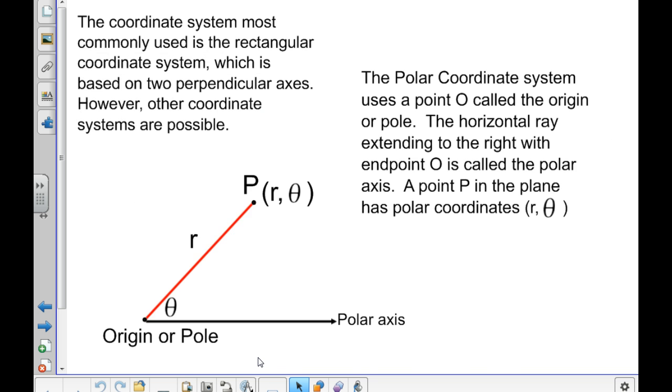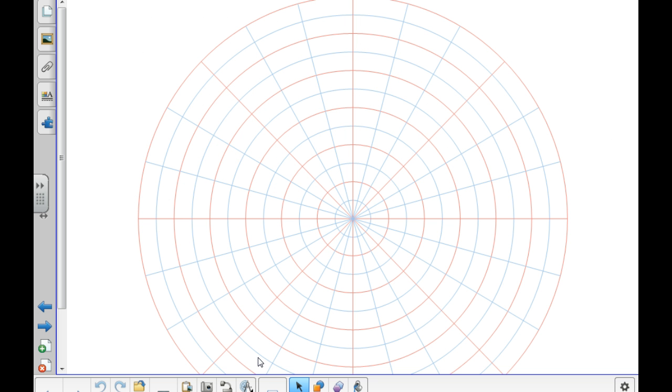Has anybody seen this graph paper before? These graphs? Okay. This is used by things like air traffic controllers because they want to know at what angle from either it's off of north, we're going to do off the positive x-axis, from the landing place, strip, whatever you want to call it.